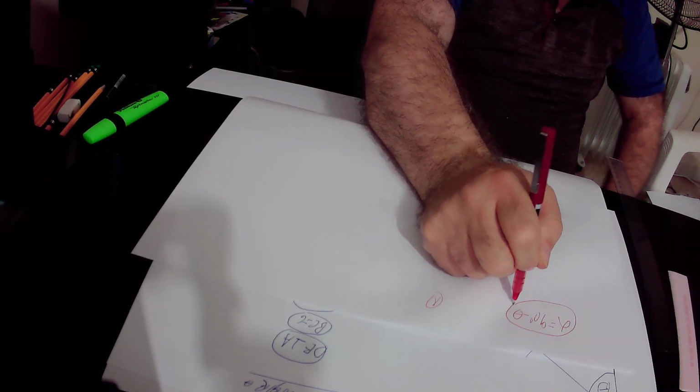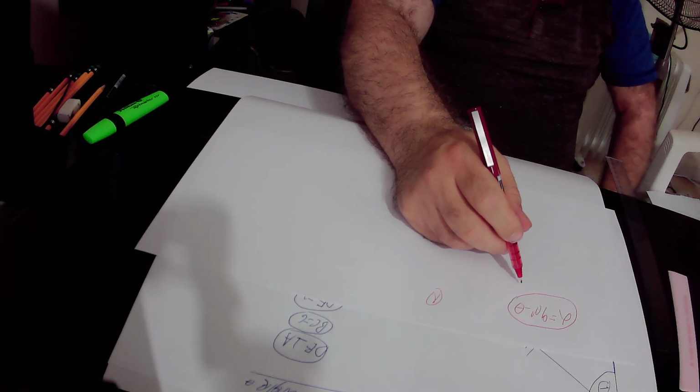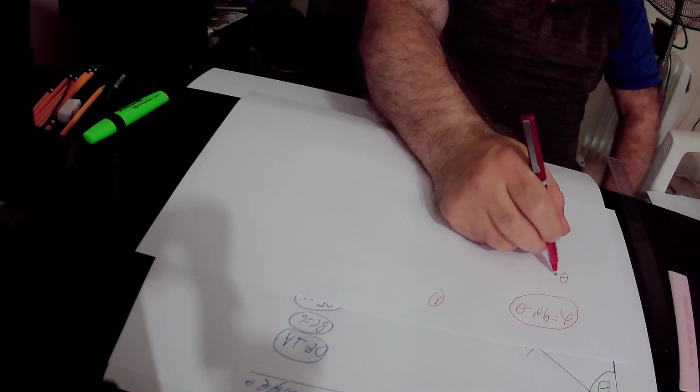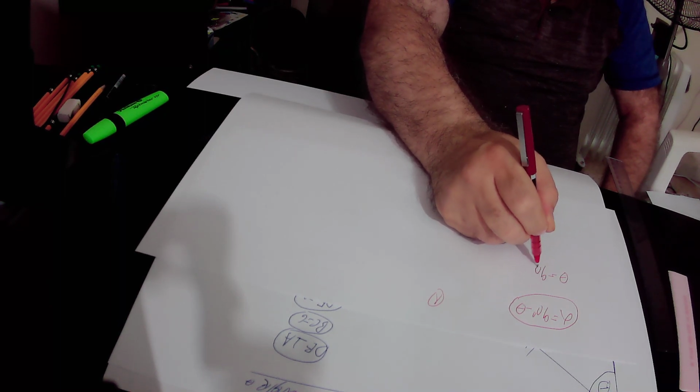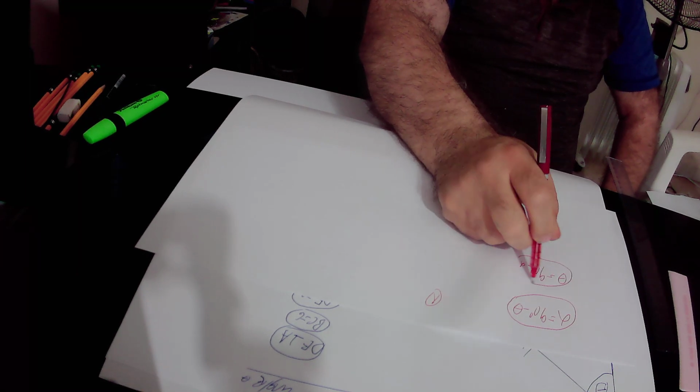From this equation, we will add theta and then subtract alpha, and we will get that theta equals 90 degrees minus alpha. Okay?